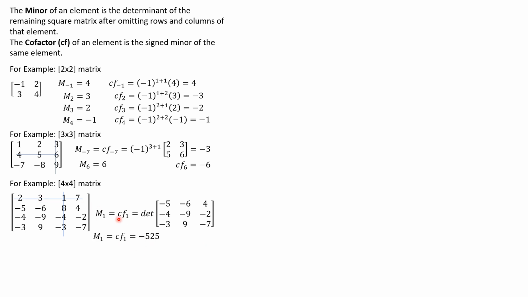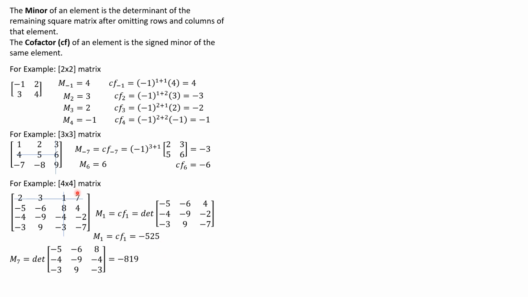So using your calculator, the determinant is -525, and the cofactor of element 1 has a sign position of positive because plus, minus, plus. So it is also -525, the cofactor of element 1.